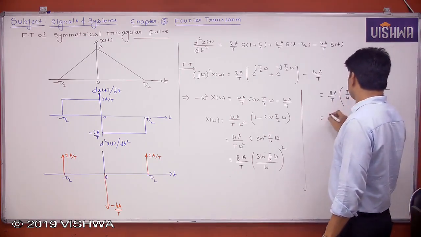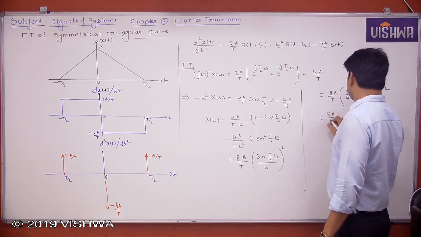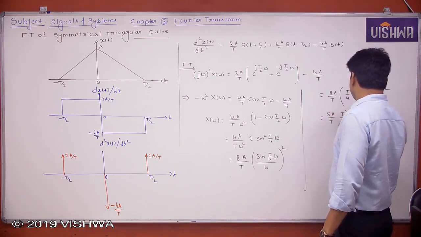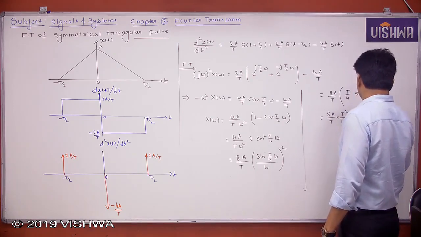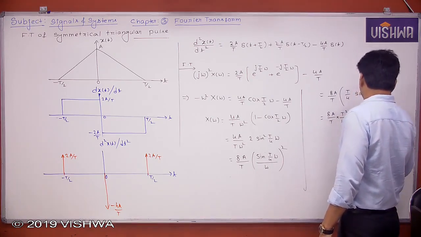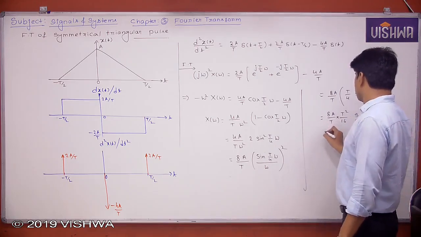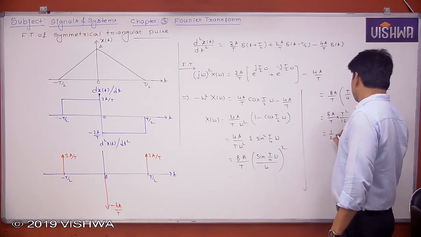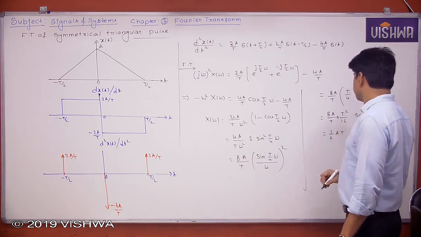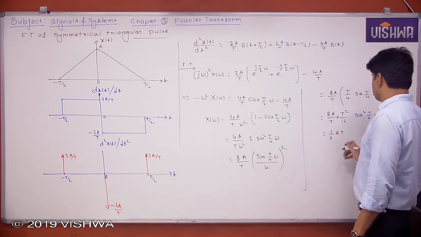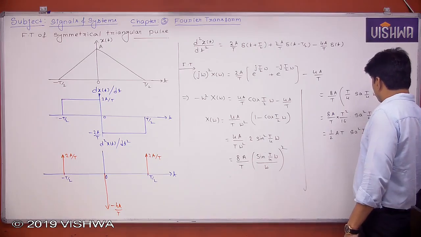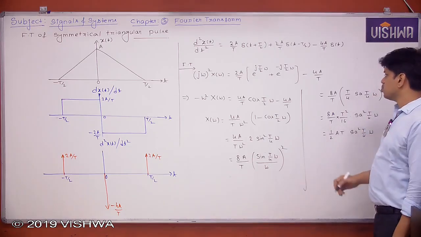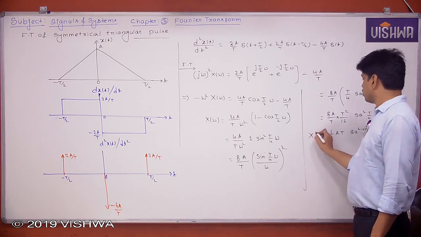So 8A by T square by 16 into sampling square of T by 4 omega. So this is going to be half A T sampling square of T by 4 omega. This is what we are getting finally, X of omega.